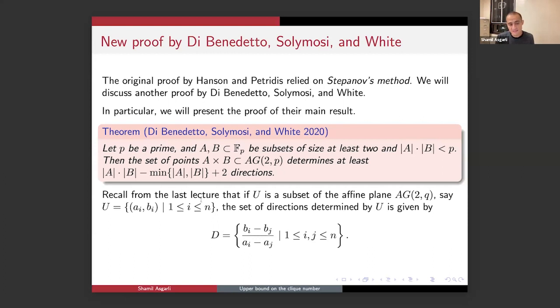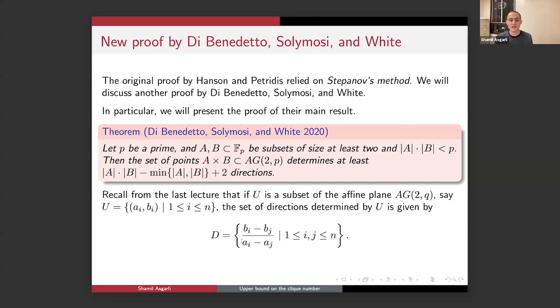So recall from the last lecture that if U is any subset of the affine plane AG(2,q), so this just means the affine plane of order q, and let's say that we coordinatize U so that it consists of pairs (a_i, b_i), so that means that U consists of n elements, then the set of directions determined by the set is simply the set consisting of all slopes, basically.